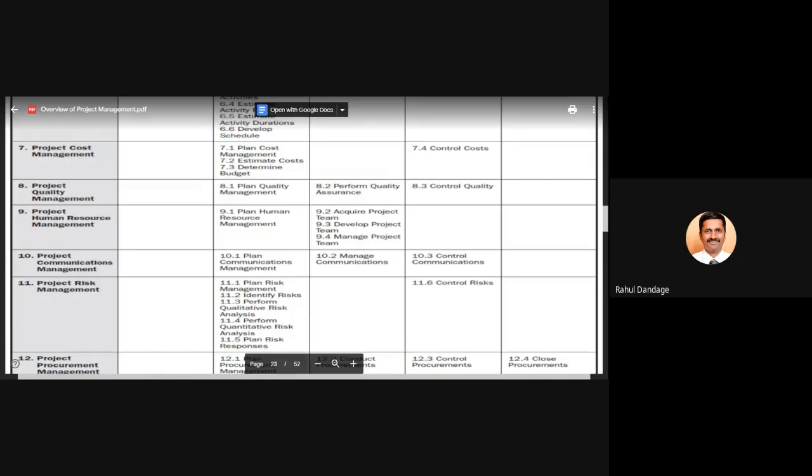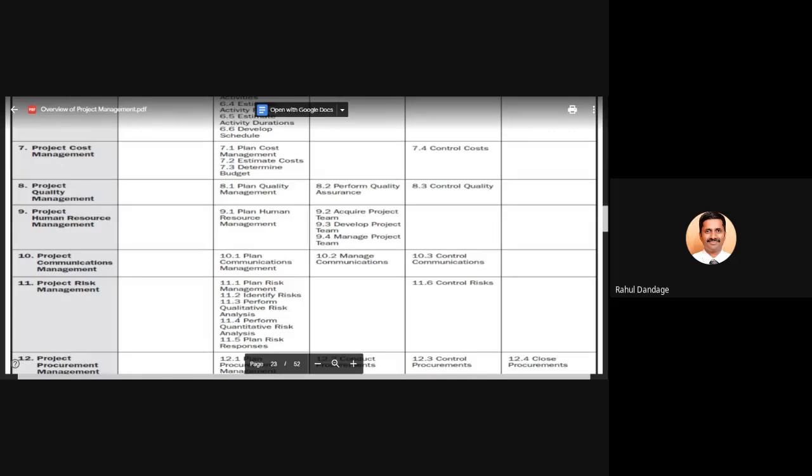If you are a student of finance, then project cost management: planning cost management, estimating the cost, determining the budget, controlling the cost. All of these are under project cost management.